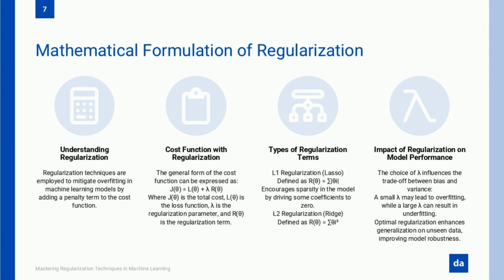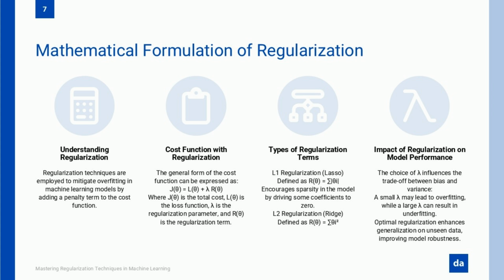This is why L1 performs feature selection. It literally eliminates features that aren't pulling their weight. The larger lambda is, the stronger the penalty. If lambda is too big, we remove too many features and risk underfitting. If it's too small, we might still overfit.